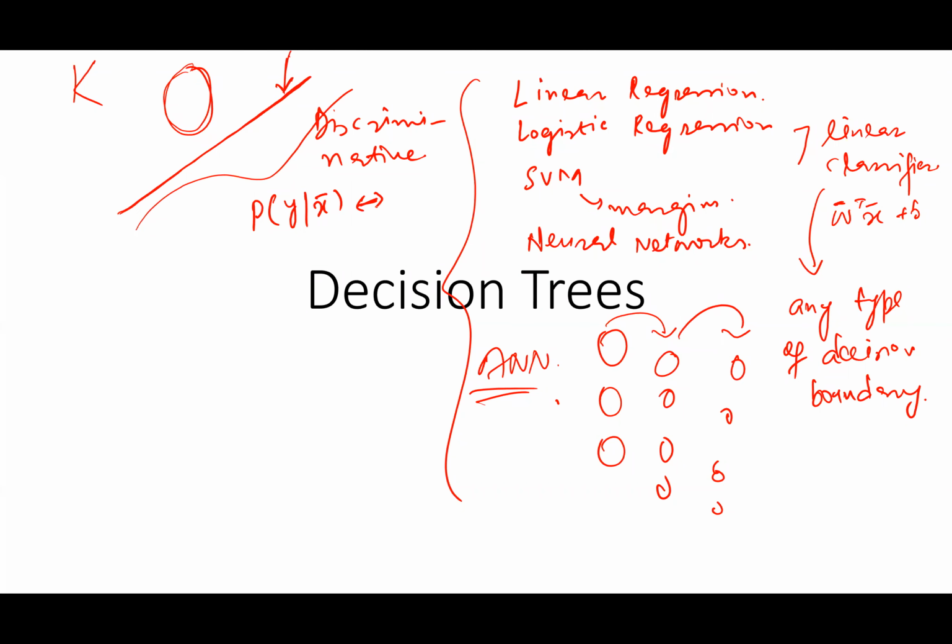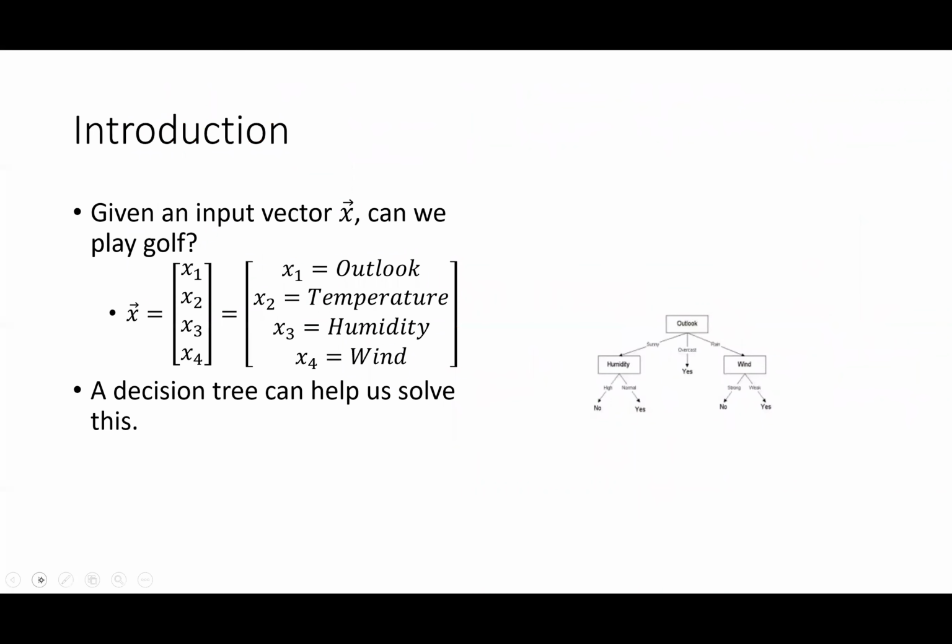Now decision trees are another class of discriminative algorithms, but a slightly different approach is followed in decision trees. So let's start with decision trees with a simple question. Let us say we have a classification problem to solve.